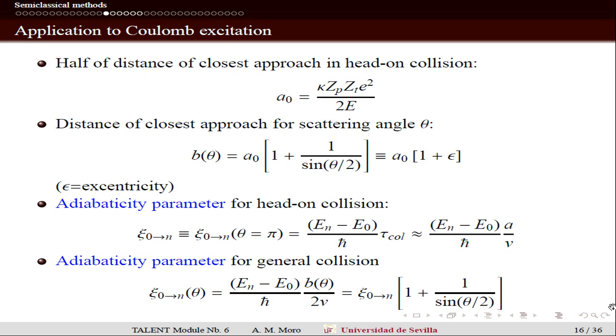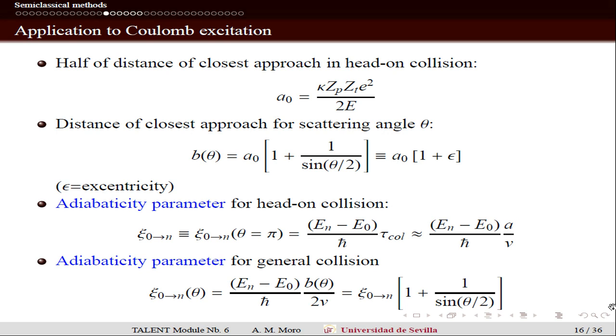notation. Also, we have introduced the adiabaticity parameter in a general problem. In this case, the adiabaticity parameter for a head-on collision, so it corresponds to theta equal pi, 180 degrees scattering angle.